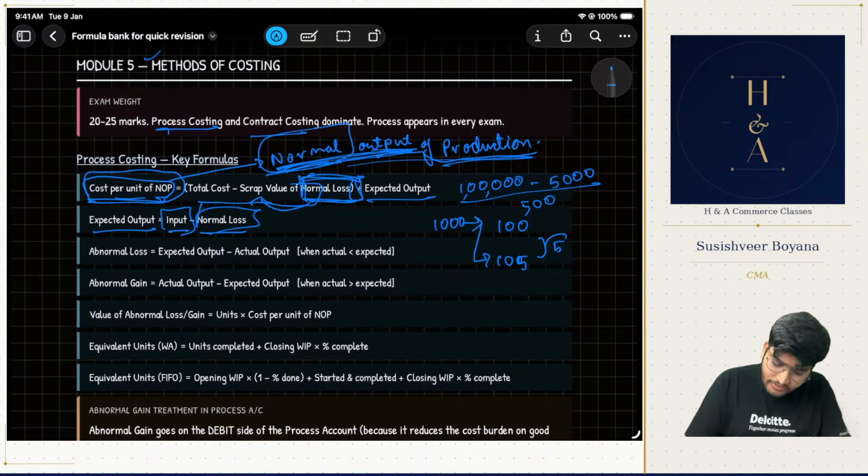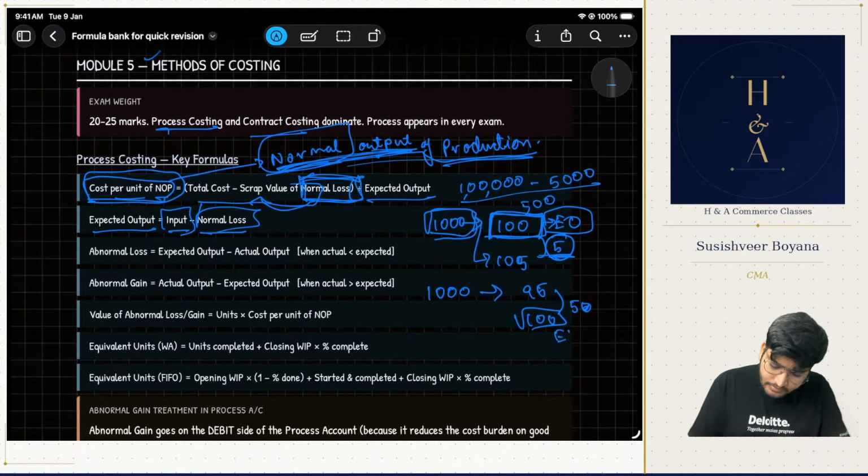Since I expect 5 of normal loss, the expected output is 100. Whenever I put in 1,000 units, despite losing a normal loss of 5 units, I consider my expected output to be 100. But my actual is only 95. Don't you see the difference of 5 units from the expected output? This 5 is known as abnormal loss: expected output minus normal loss.